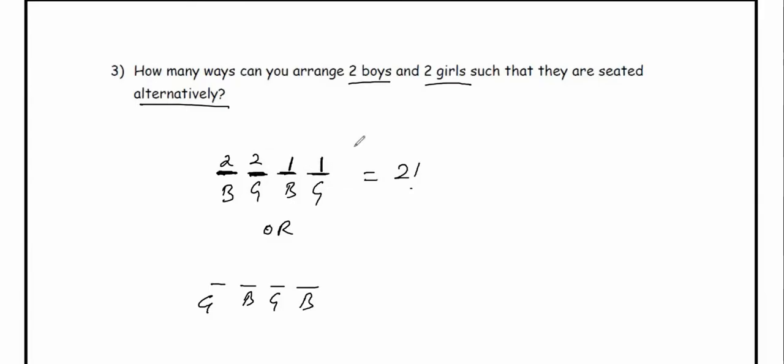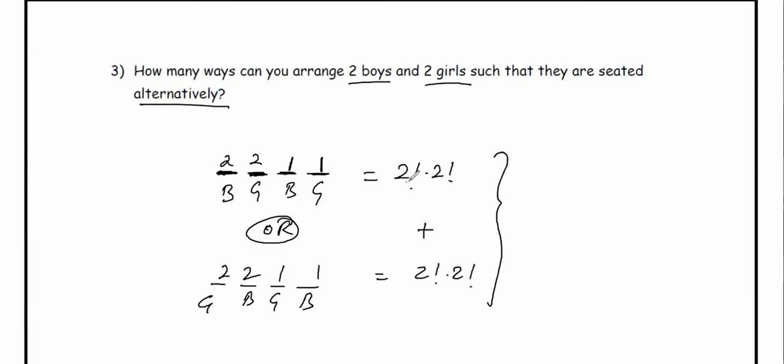So 2 factorial into 2 factorial. Or means plus, and the same thing for the other arrangement, 2 factorial into 2 factorial. So my answer is 8. 2 twos are 4, 2 twos are 4. 8 ways of arranging 2 boys and 2 girls such that they are seated alternatively.